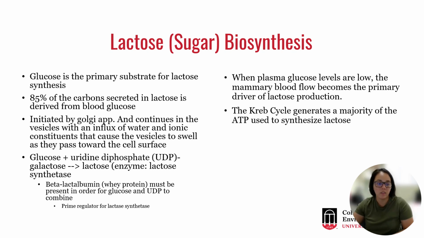And so the biosynthesis of lactose is initiated by the Golgi apparatus and continues in the vesicles with an influx of water and ionic constituents that cause the vesicles to swell as they pass towards the cell surface. And so if we think about the overall process and the overall equation of it, we have glucose plus, this is a molecule that we all have seen, the uridine diphosphate, UDP.